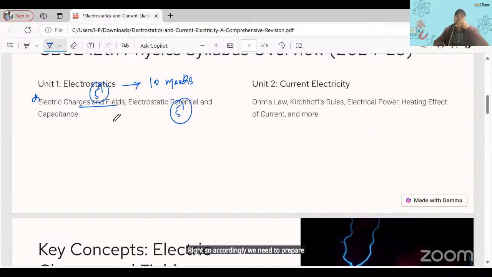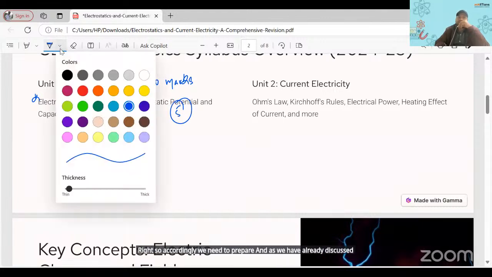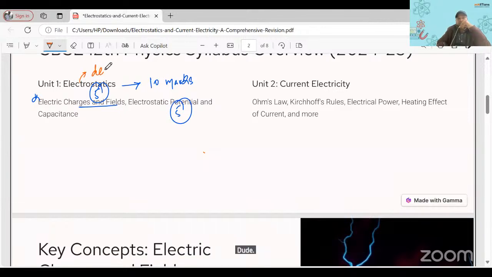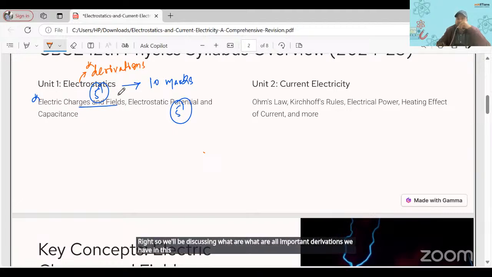As we have already discussed in our first webinar, this chapter has a lot of derivations, so it is important from the derivations point of view. We'll be discussing all the important derivations we have in this unit, electrostatics. The next unit we have is current electricity.